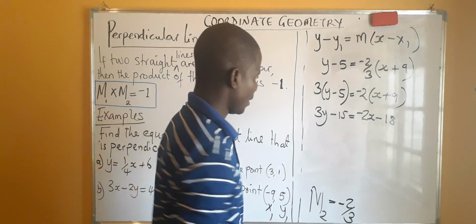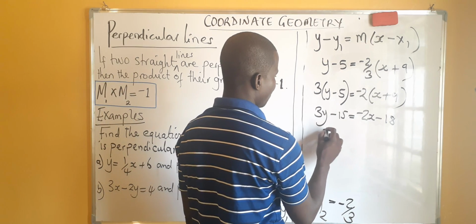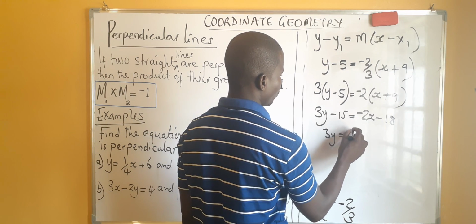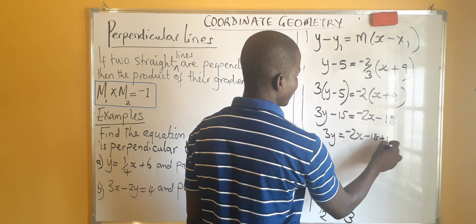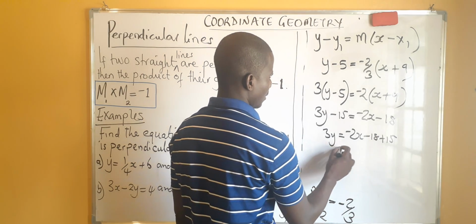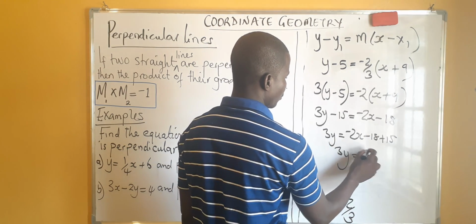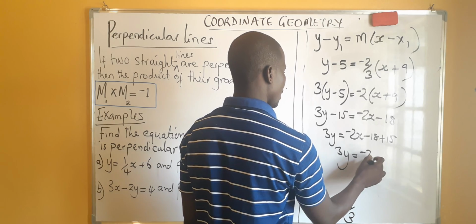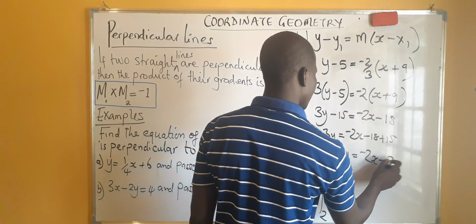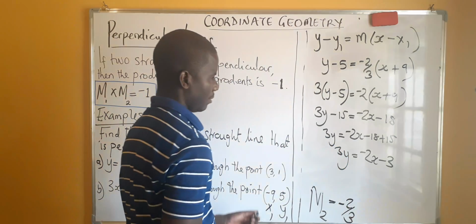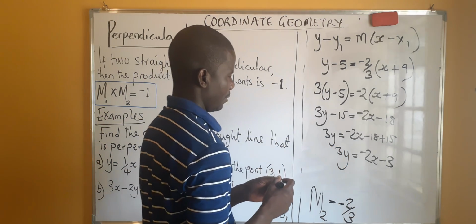Then we have 3y equals minus 2x, minus 18 plus 15. So we have 3y equals minus 2x, and what do we get here? We get minus 3.